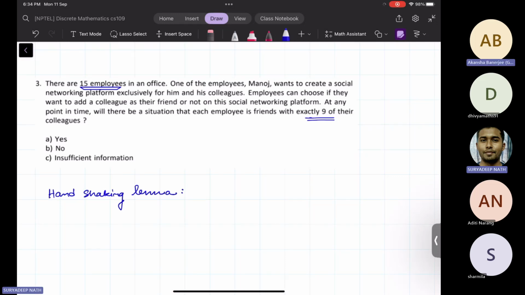The sum of all degrees is twice the number of edges. Yeah, so the sum of degrees is twice the number of edges, but that is not exactly the handshaking lemma. It is related to what you said. Can you take a guess what it is?